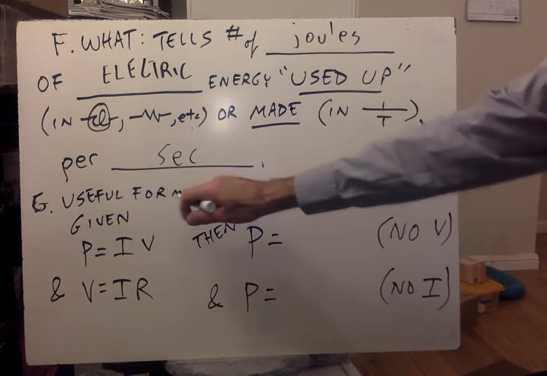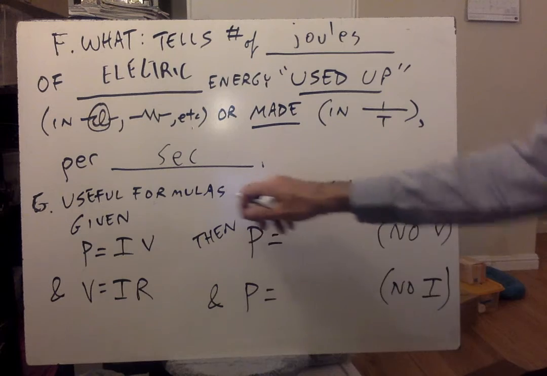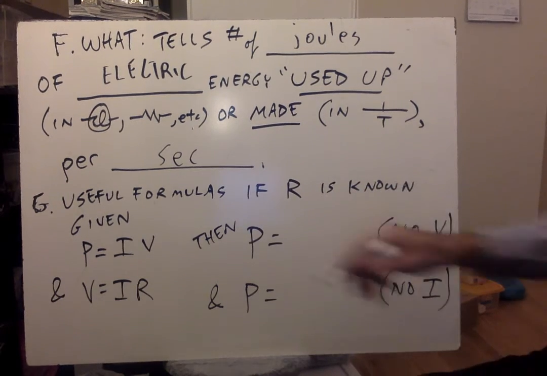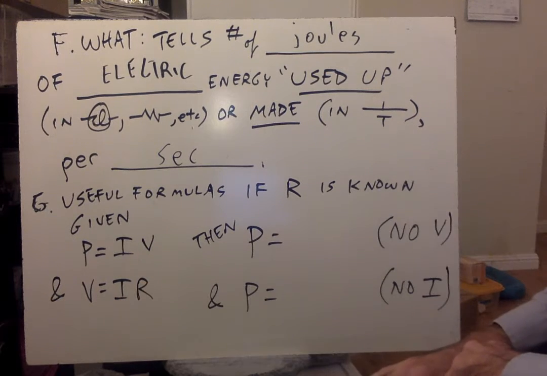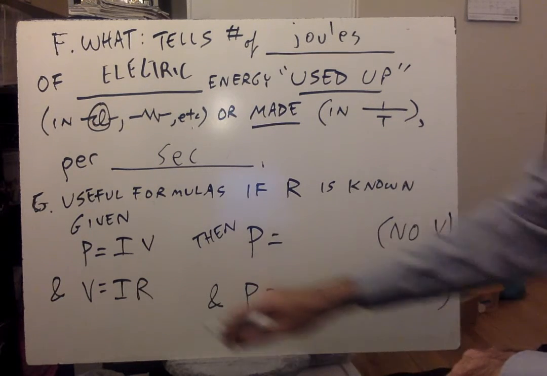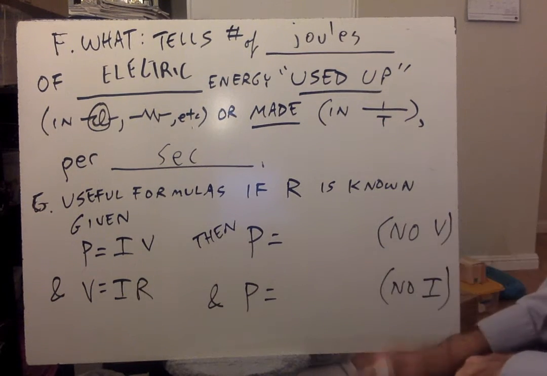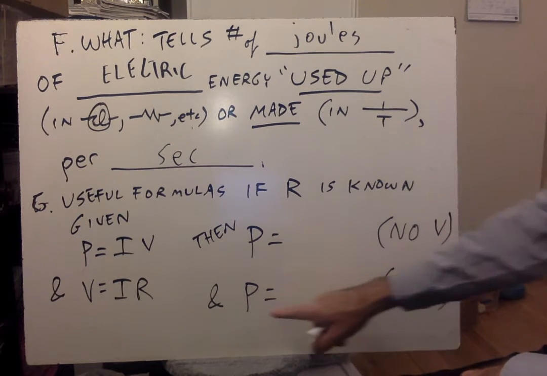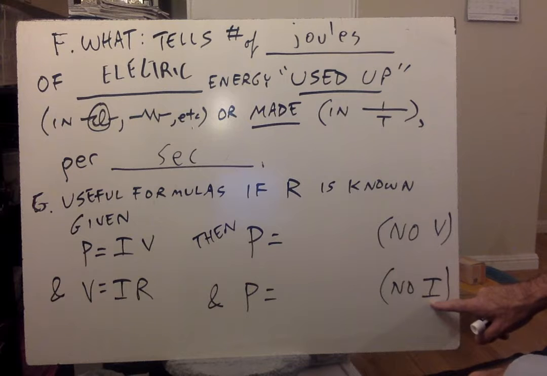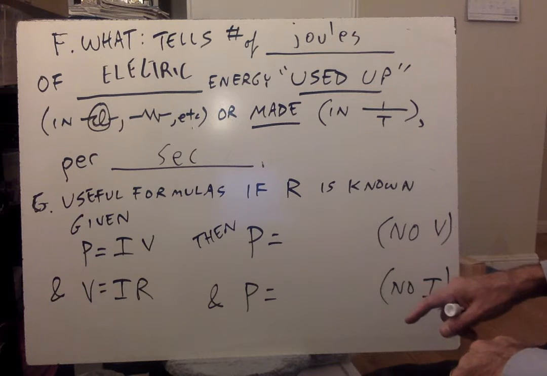All right, so because R is so commonly known, we'd like useful formulas if R is known. Look at what we have given. We figured this out on the previous board, and this is the so-called Ohm's Law. It's really the definition of resistance from earlier in the class. So look at those and try to come up with a formula for power that has no V in it, and a formula for power that has no I in it. Pause the video, and it's pretty straightforward, right?